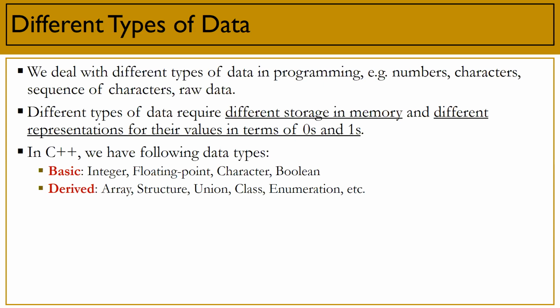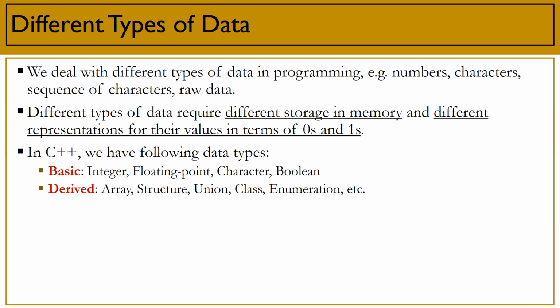All the information that we process, all the instructions that we execute, are written in sequences of zeros and ones. So computers store zeros and ones, but how will they distinguish whether a number is an integer, a character, or a sequence of characters like a string? They need different representations for that.